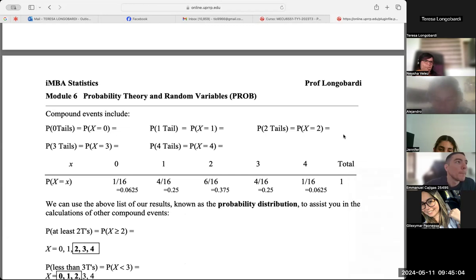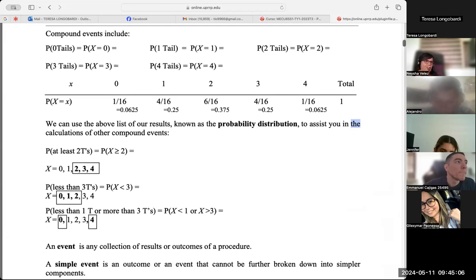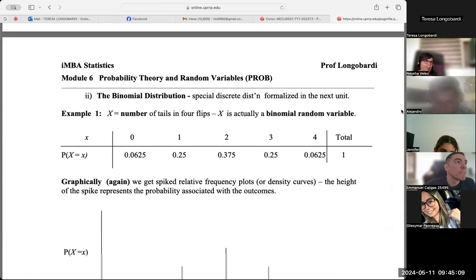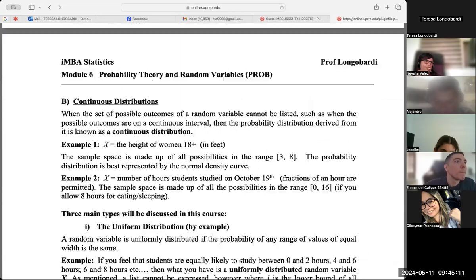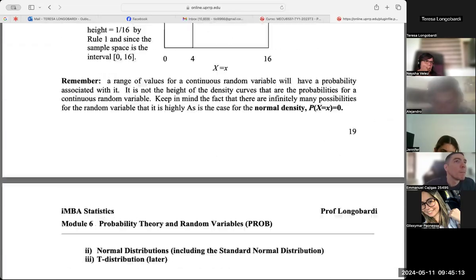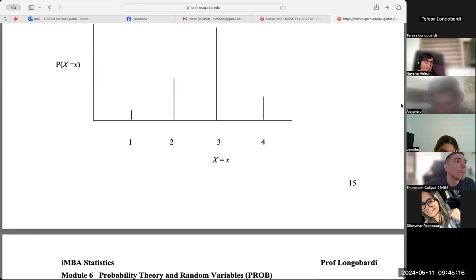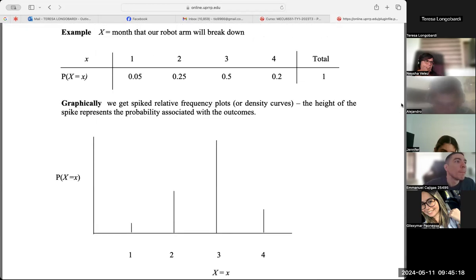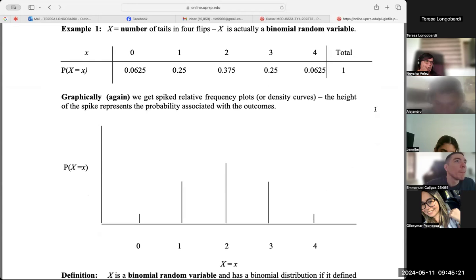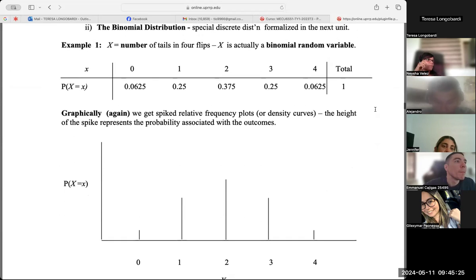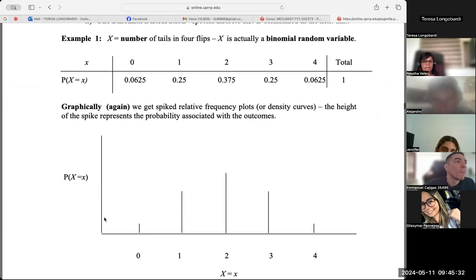Now, I mentioned this in module 8. I bring it back to module 8 where I talk about, over here. So here it is. You have here the table, and you have the distribution drawn, graphic.